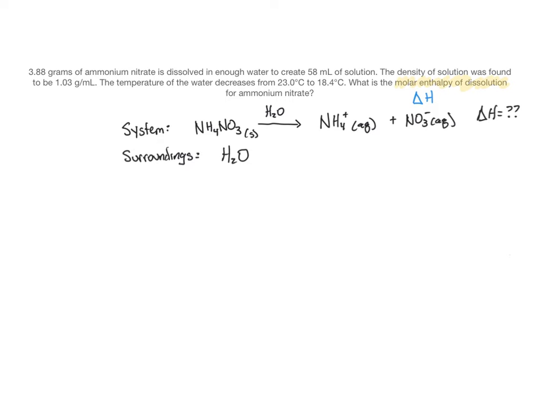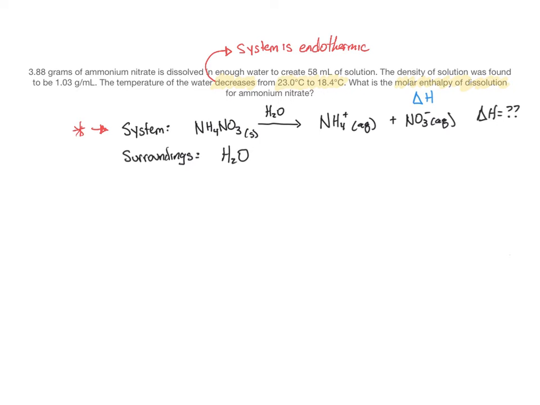Now, the next thing that I should do is think about this information that's given to me. This water decreases in temperature. This should clue us in that the system is endothermic, because the system, the reaction that we're interested in, is removing energy from the surroundings.